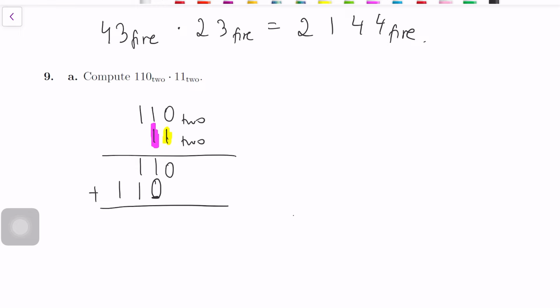Because really, what happens here, now we're adding 0, right? 1. 1 plus 1 is 2, but we're in base 2, so whenever we have groupings of 2, we record how many units we have. So 2 means 0 units, and 1 is carried over.